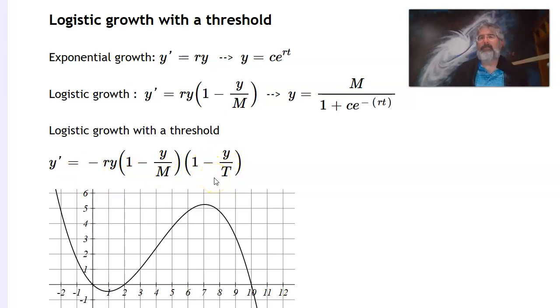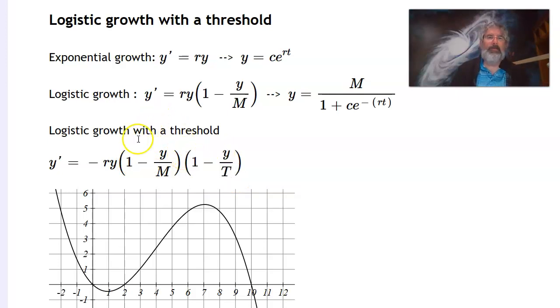Either way, this is going to create another equilibrium value of y equals t, because if y equals t, then this factor becomes 0, and so now I have 3 equilibrium values. I have 0, I have t, and I have m.